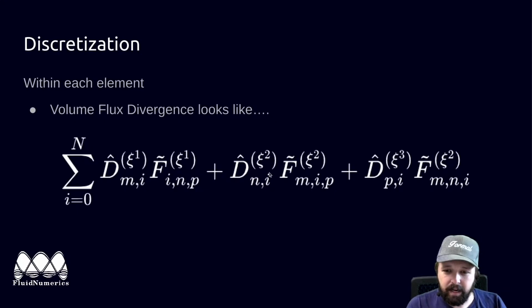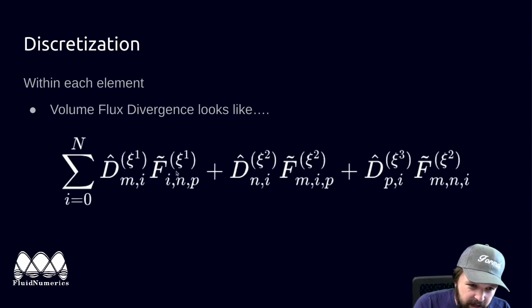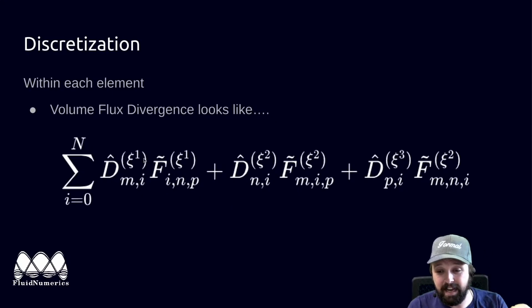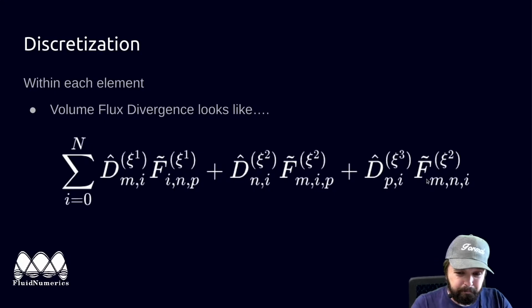If I do this in the second direction, I have my derivative matrix again, but now my summation index is the second dimension. So for example, this would be dfx/dx, the x component of the vector we're going to take the x derivative of. This is the y component of the vector that we're going to take the y derivative of, and the z component of the vector we're going to take the z derivative of.